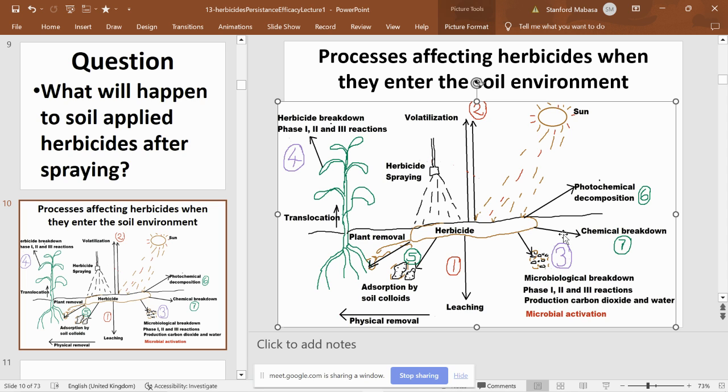So you can see that we do have 7 processes. If you have applied your herbicide at the recommended rate, the herbicide which will finally kill the weeds could be a very small amount. The rest could be lost through various processes. So we are going to talk about these various processes.